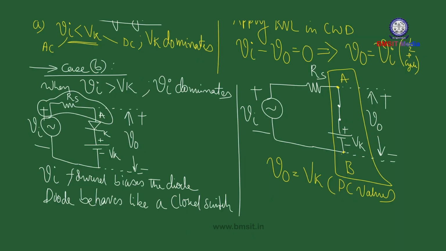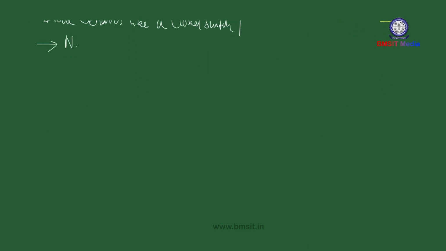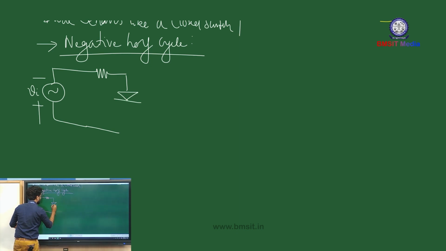So now let us look at the negative half cycle. There won't be any changes in the negative half cycle. So let's flip the polarity. Diode symbol, barrier potential.